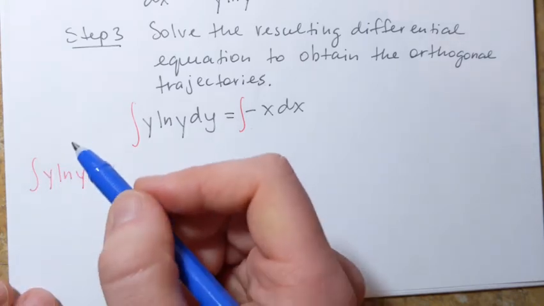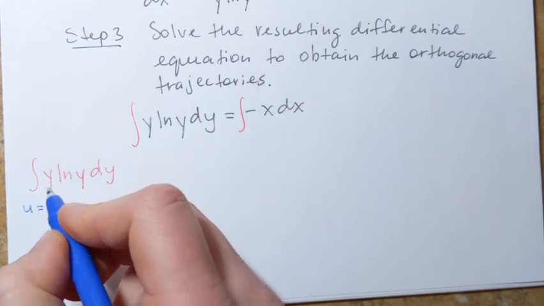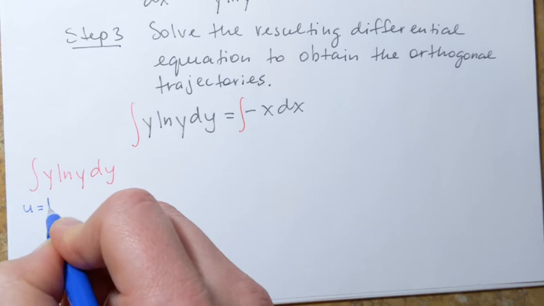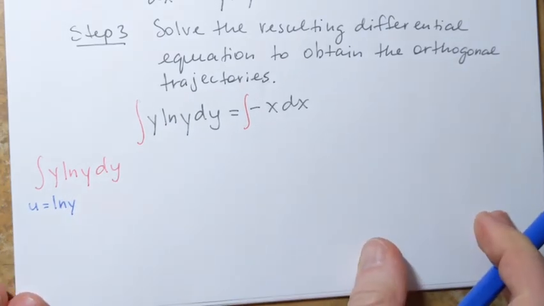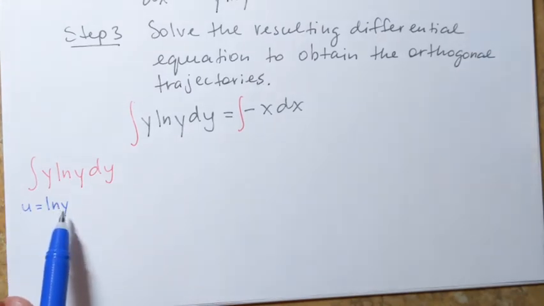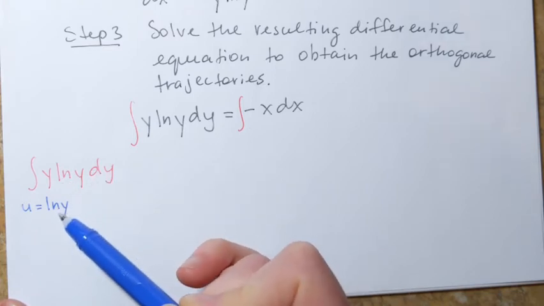So let's say that u is ln of y. Remember, when we have ln involved and we're doing integration by parts, we have to let u be equal to ln of y, since we can't integrate that, right? We can find its derivative, which we'll get into in a second, but we can't find its antiderivative.